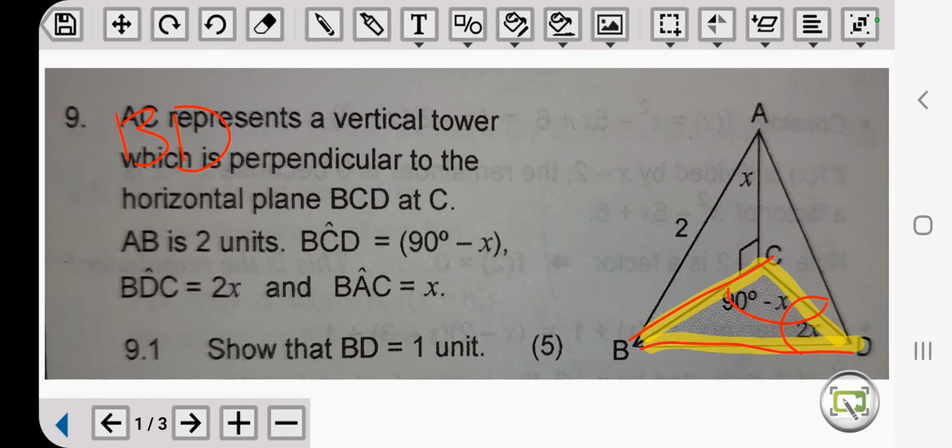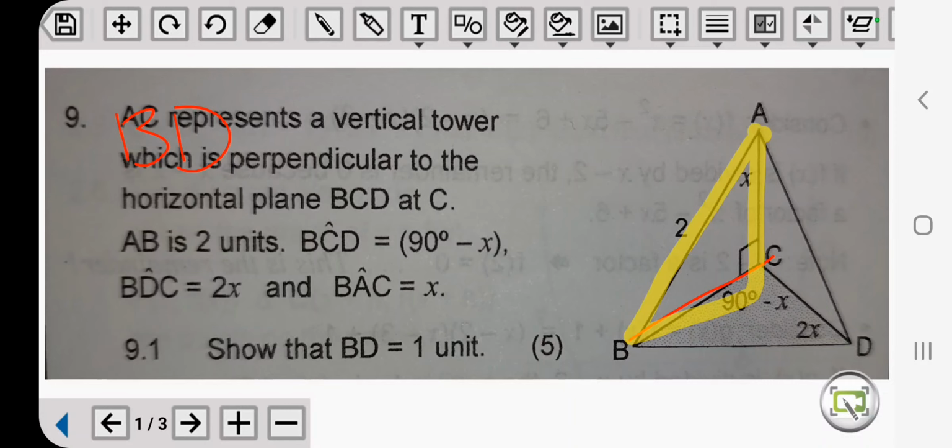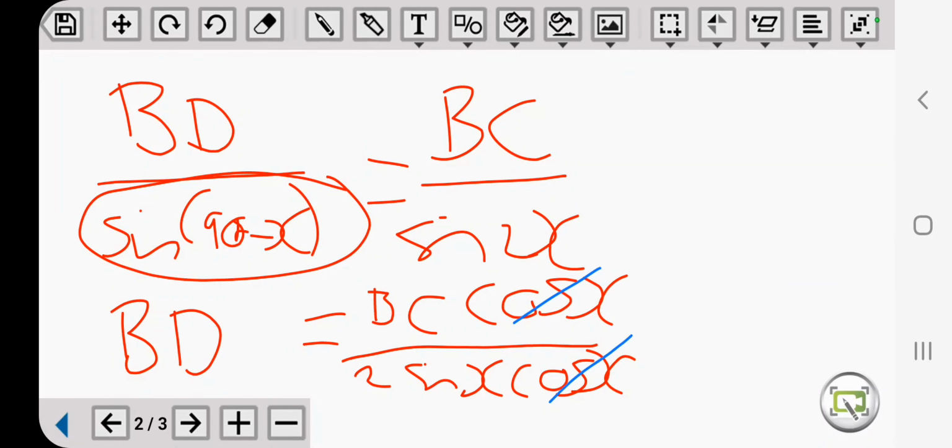All right, BC. BC is part of this little triangle there at the top. Okay, so BC is part of a right angled triangle. So using our angle here, which is x, we can say BC over 2 is equal to sine x.